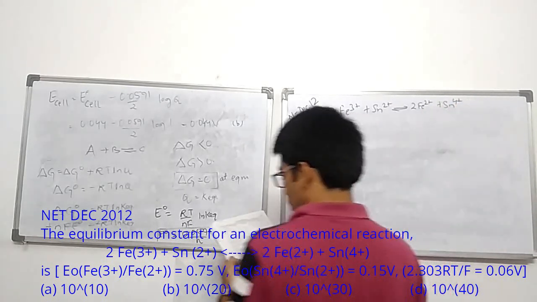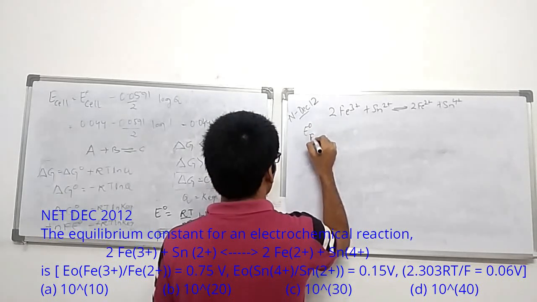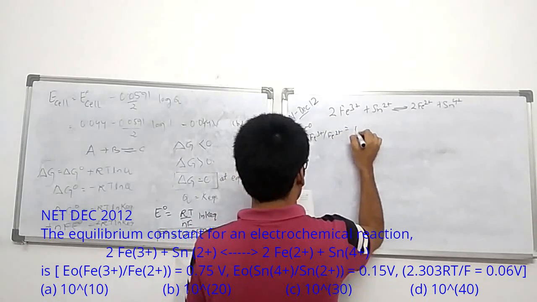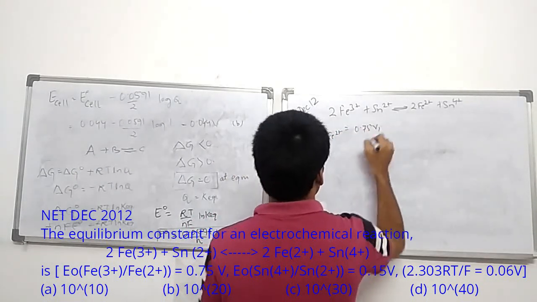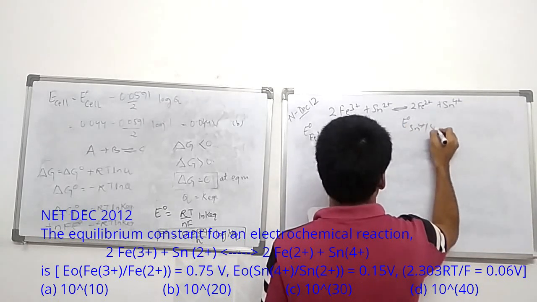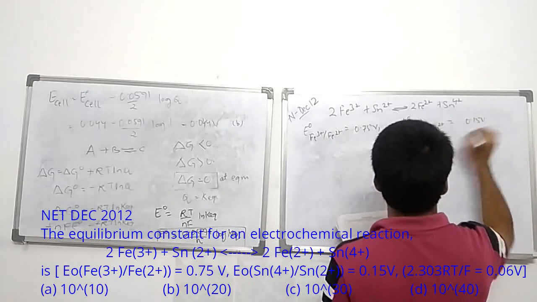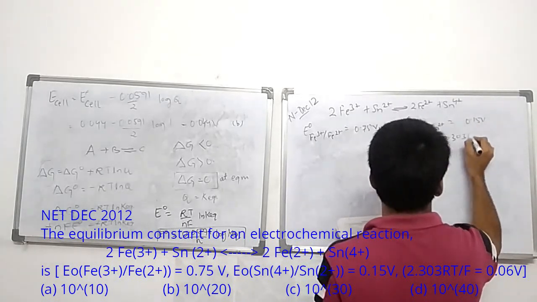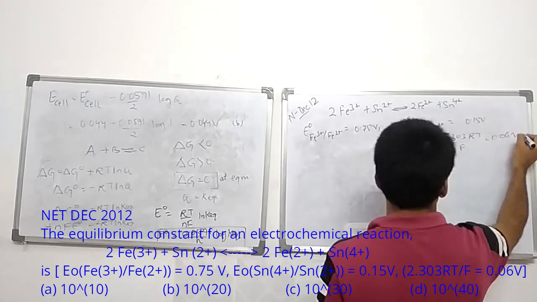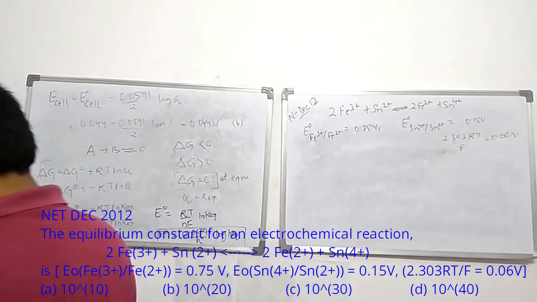They have given the reduction potentials: E naught Fe3+/Fe2+ is 0.75 volts and E naught Sn4+/Sn2+ is 0.15 volt. They have also given 2.303 RT by F is equal to 0.06 volts. You are required to find the equilibrium constant.